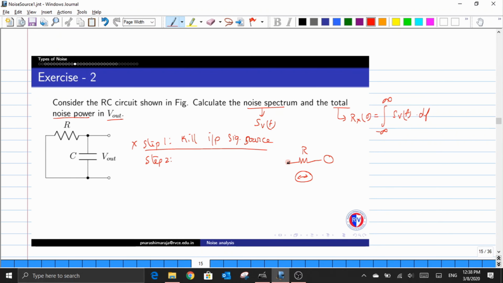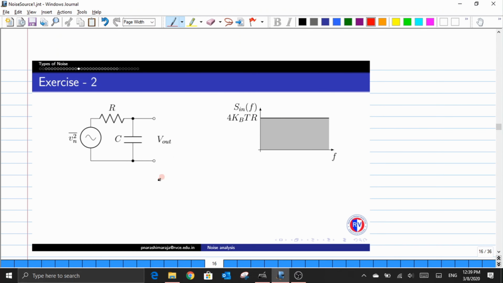One has to think about which of these two representations gives us an easier way to compute the transfer function. I would prefer to go for the series connection, and that would end up having something like this. Clearly one could see that the noisy resistor is being replaced with a noiseless resistor R, along with a capacitor C here. Now one has to evaluate the transfer function of this noiseless component.